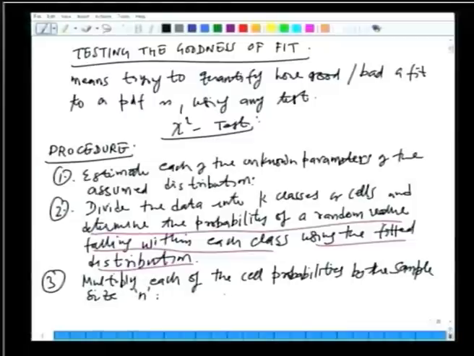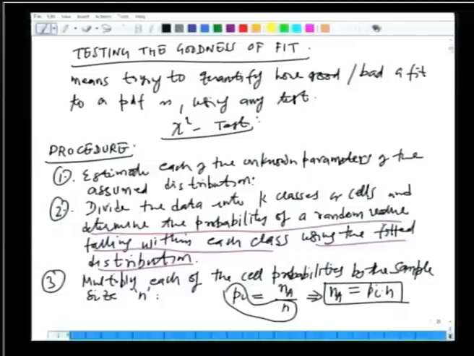So, let us say that your cell probability is Pi. What is this Pi? From the basic definition of probability, this is NA over N, isn't it? NA is the number of occurrences of a particular kind and N is the total number of occurrences, or the sample size. So, if you multiply the cell probability Pi by N, what are you going to get? NA, which is your Pi times N.